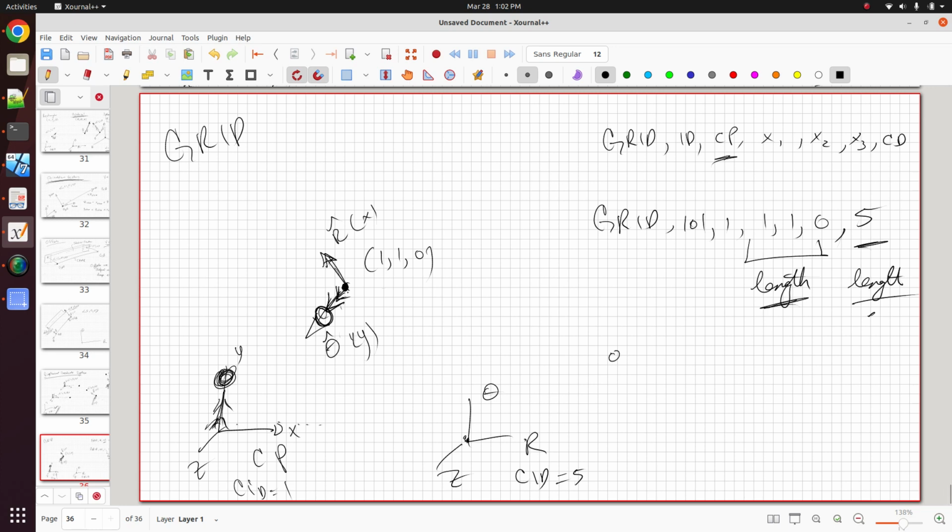If we had a different point, maybe here, maybe this point is 1, 45 degrees, 0, this orientation would be slightly different. R hat would look something like this. Theta hat might look something like this. So my orientation, my observer will look something like this.